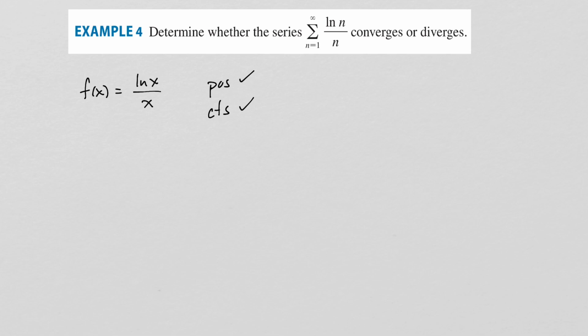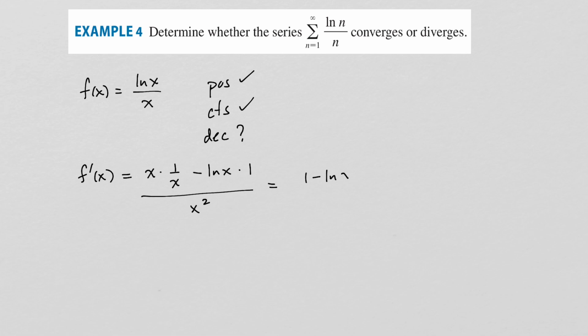And is it decreasing? Well, for this, we need the derivative. The derivative of this function is the bottom function multiplied by the derivative of the top, minus the top function multiplied by the derivative of the bottom, divided by the bottom function squared, and this is equal to 1 minus the natural log of x divided by x squared, and this is less than 0 as long as x is bigger than or equal to the number 3.